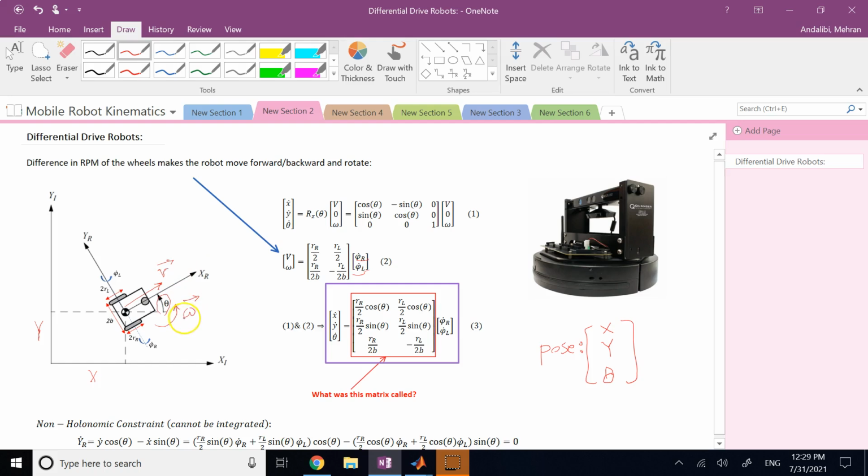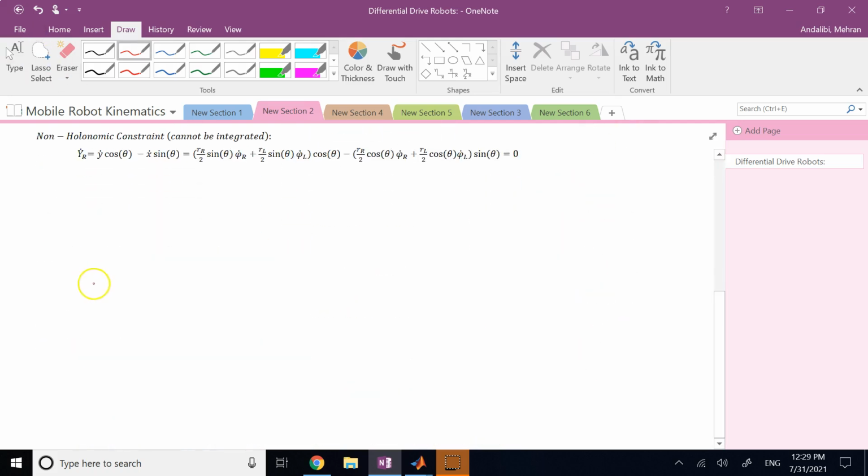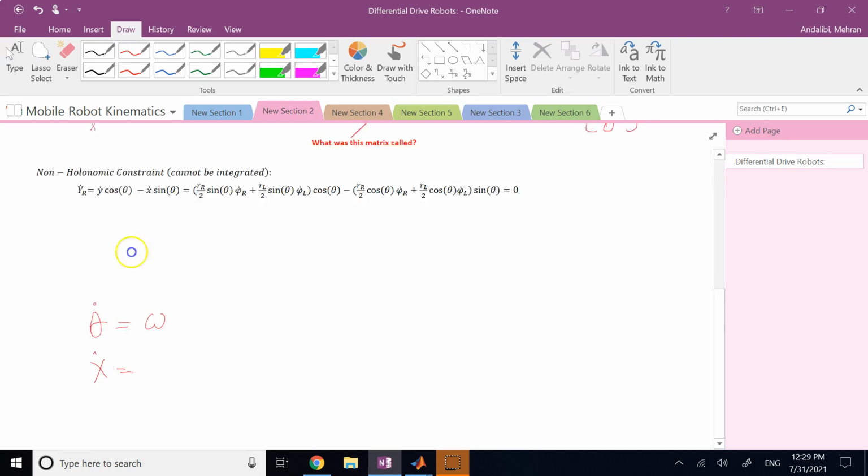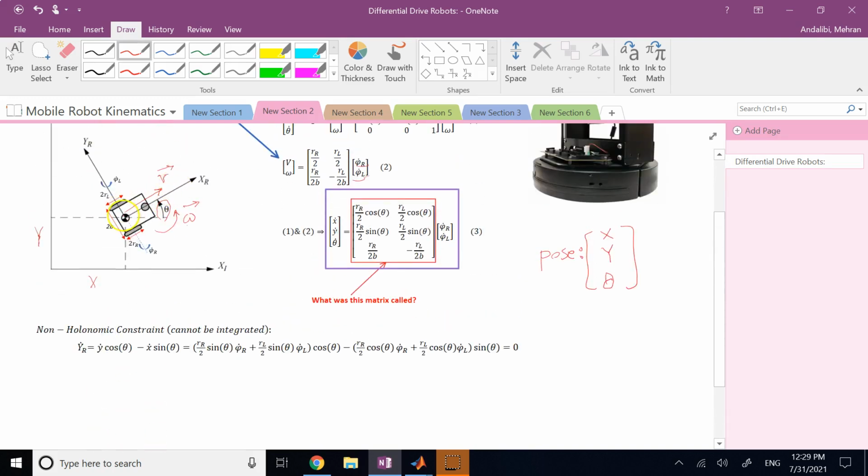If I have v and omega, they are directly related to the derivatives of x, y, and theta. The time derivative of theta is directly omega. And x dot: if this point moves at velocity v, where x is x of the centroid and v is v of the centroid, then v has 2 components, cosine theta and sine theta.